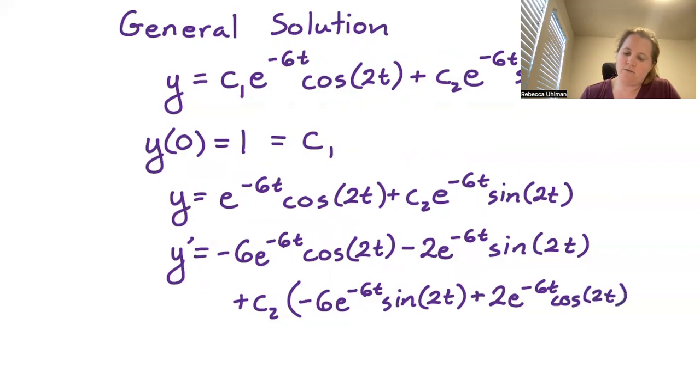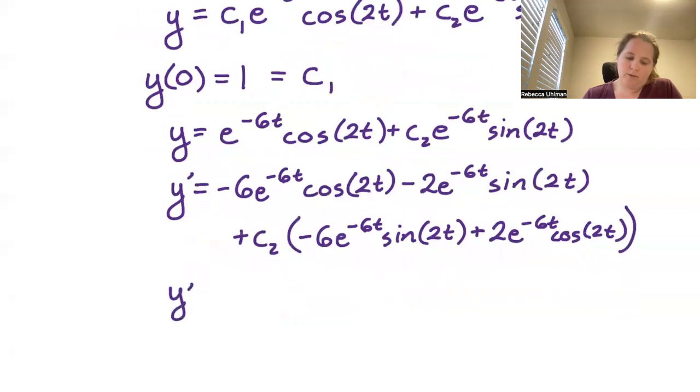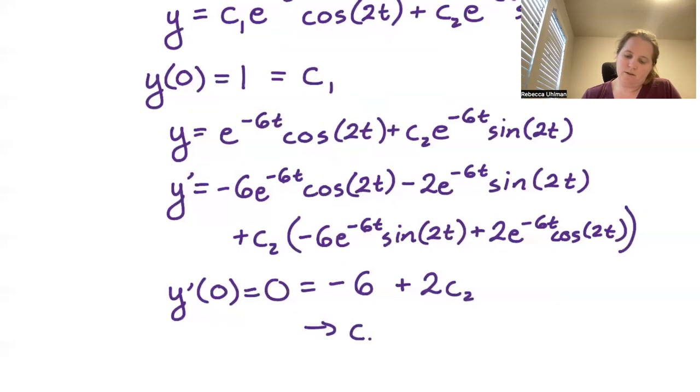Note that C2 multiplies both of those last two terms. So if y prime of 0 equals 0, that first term is -6, the second term and third term go to 0, and then we have plus 2C2. So this would mean that C2 would have to equal 3.